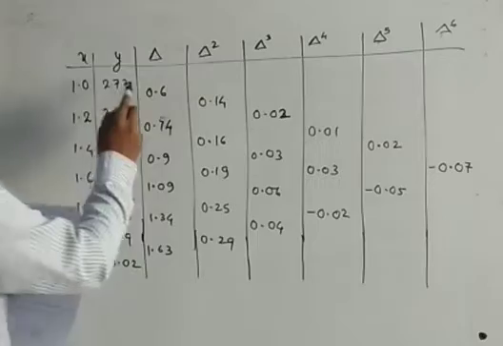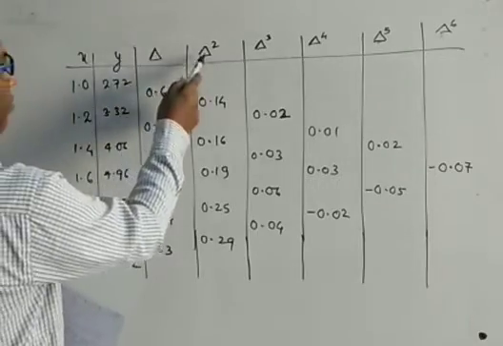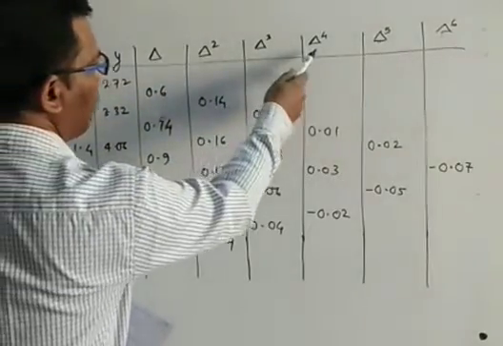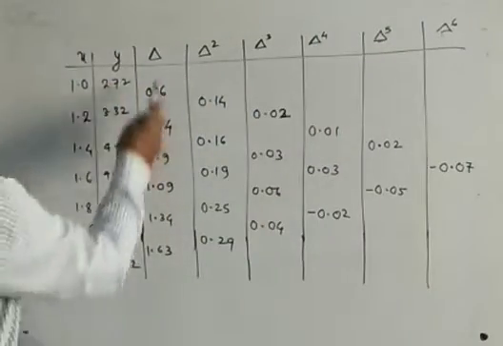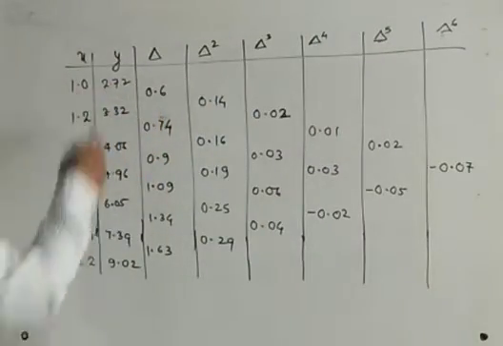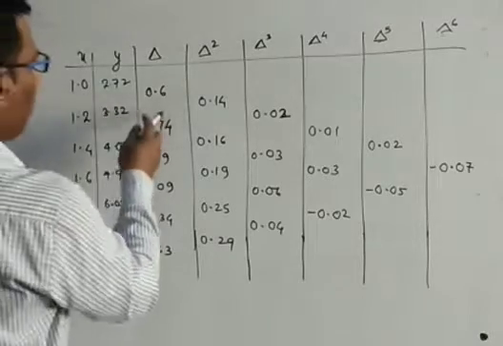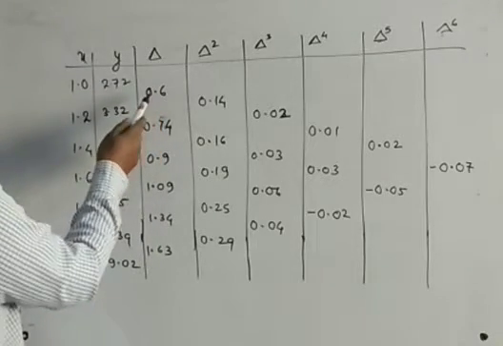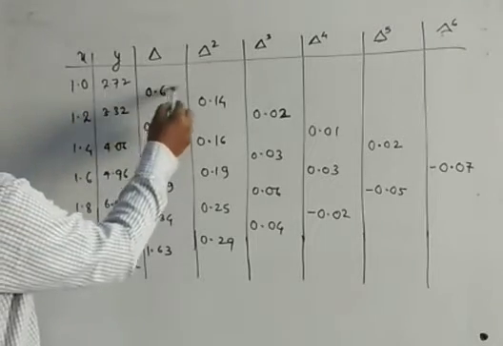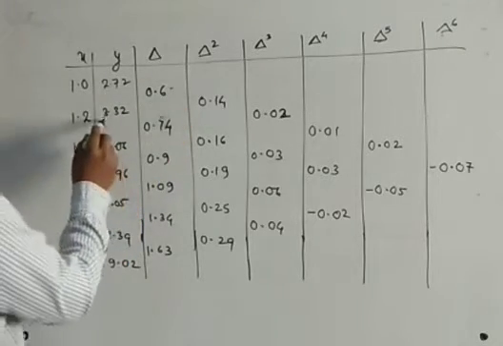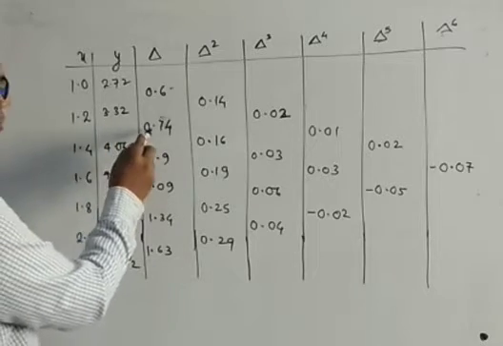The first forward difference, second forward difference, third forward difference, fourth forward difference, fifth forward difference, and sixth forward difference. So these are the values of x and y. And the first forward difference, the first value is 3.32 minus 2.72, that is 0.06. Similarly, 4.06 minus 3.32, that is 0.74.